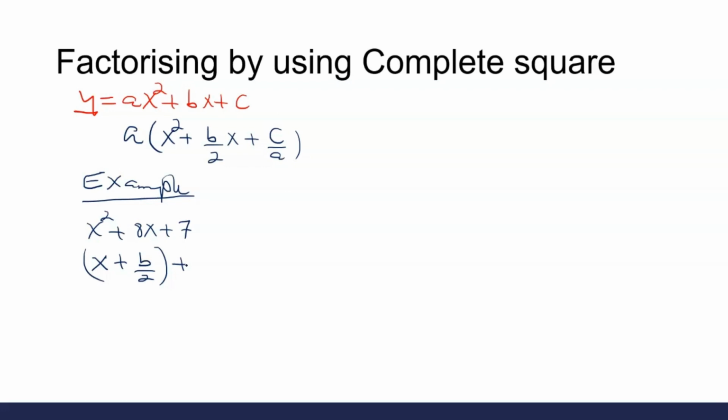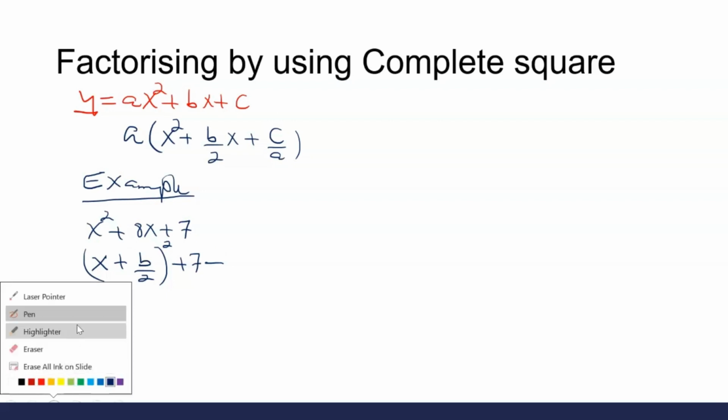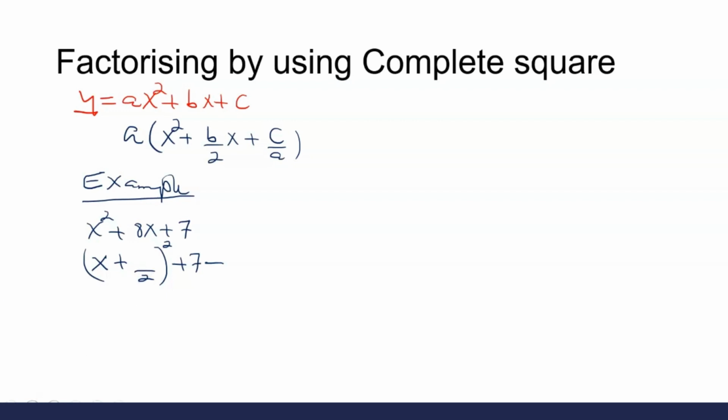If it's minus, we keep it the way it is. If it's plus, we keep it the way it is. So minus, that's always minus. And that's going to be our b value, which is 8 anyway, so I'm just going to put 8 there.